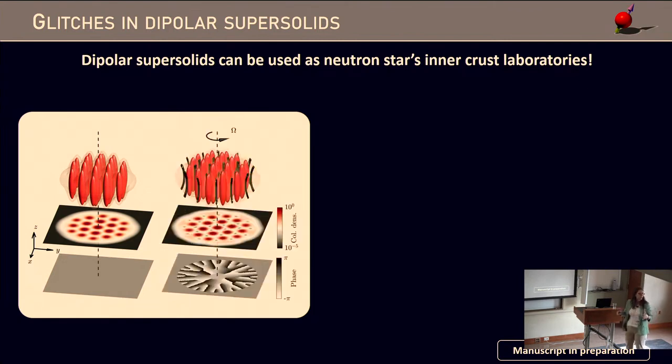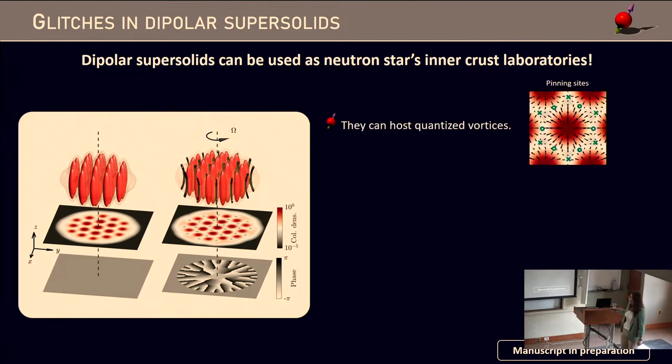So we can create our state in equilibrium in the rotating frame. It will host quantized vortices that you can see here from these holes, or here in the 3D version, these are the vortex tubes. And these vortices are pinned in specific positions because of the presence of the droplet lattice.